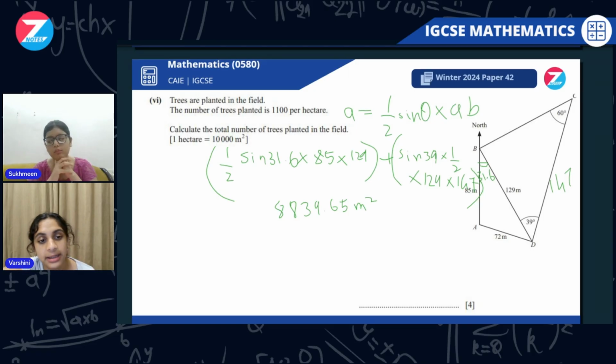Okay, and we also know we don't just want the total area, remember. We have two things to note here. One, that 1 hectare is equal to 10,000 meters squared. So to find how many hectares this is, we know 1 hectare equals 10,000 meters squared, and x hectares equals 8839 meters squared. So now again, all we have to do is cross multiply.